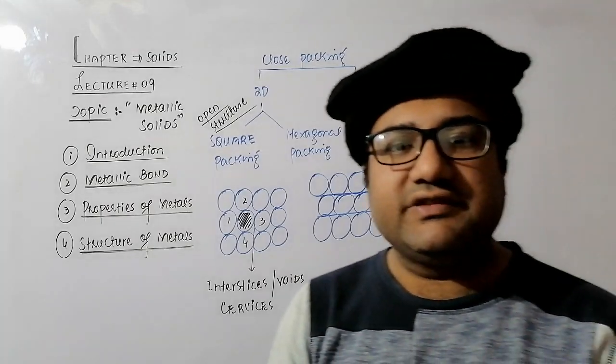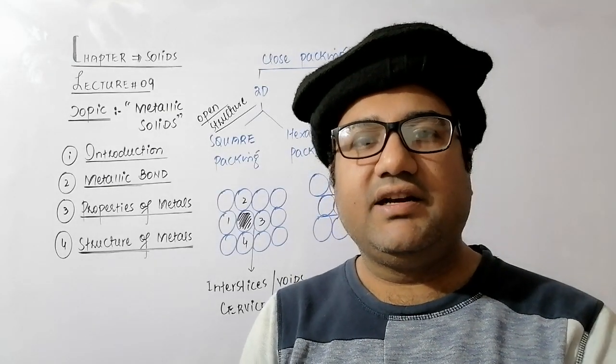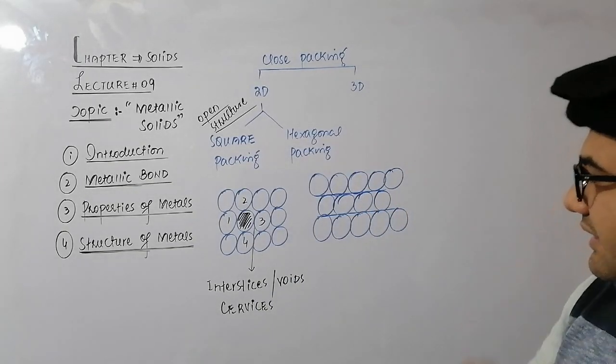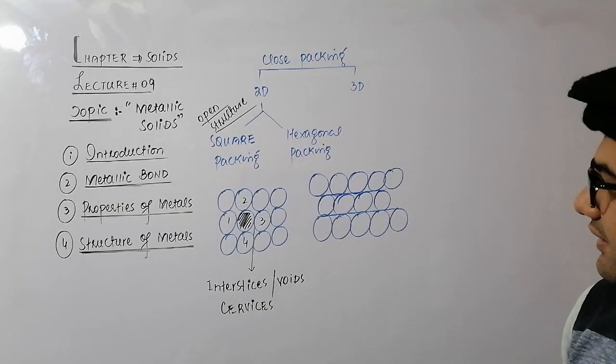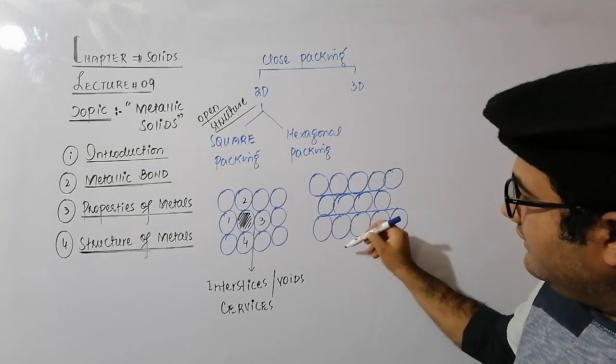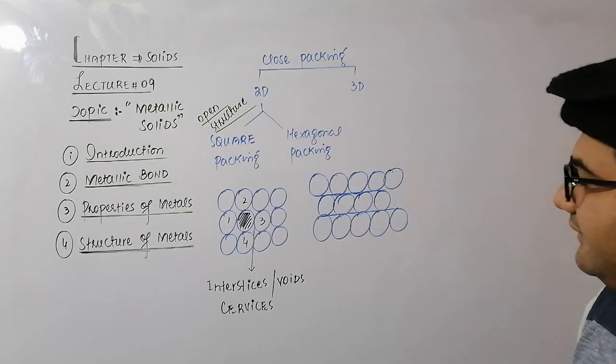So atoms of the second layer will be present in the depressions between the atoms of the first layer and atoms of the third layer. And the first layer will be vertically lying on the third layer.